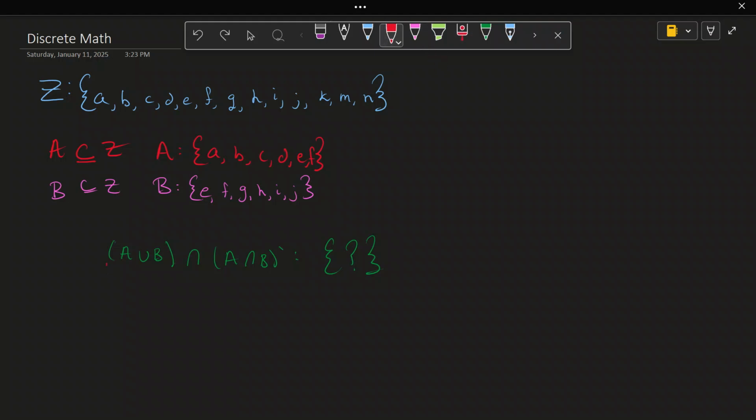We notice we have A or B, but what is A or B? A or B takes all of the elements inside of set A and all of the elements in set B and puts them into one large set.